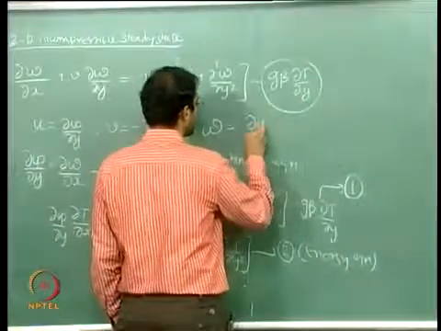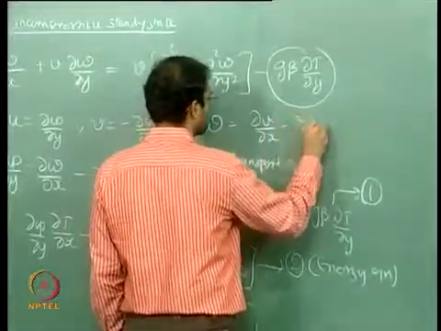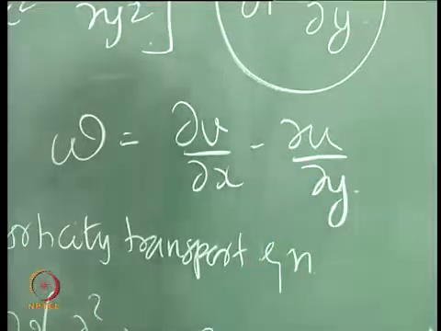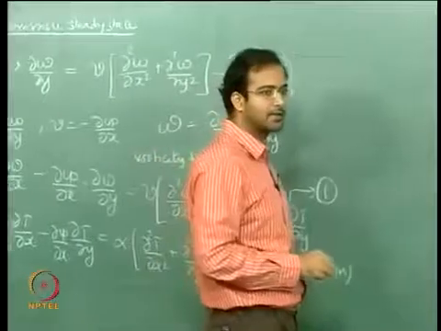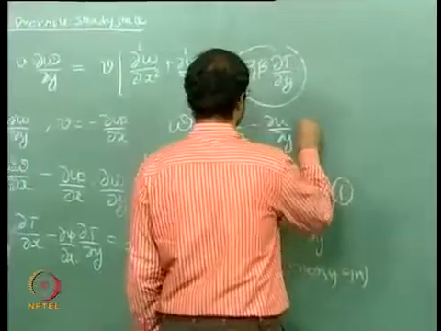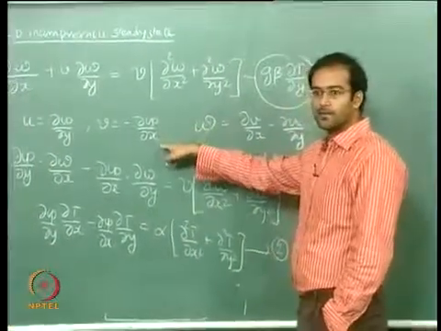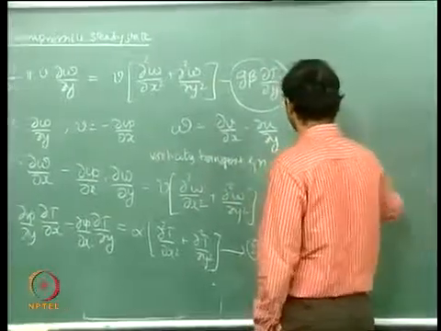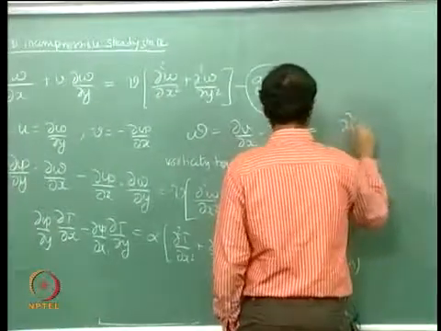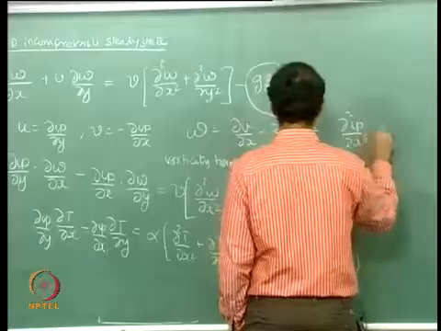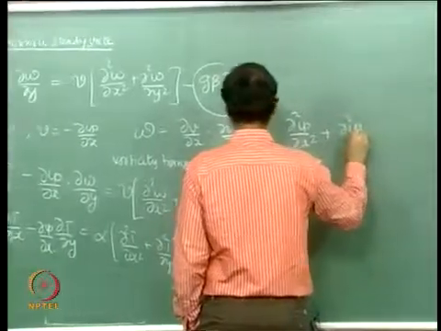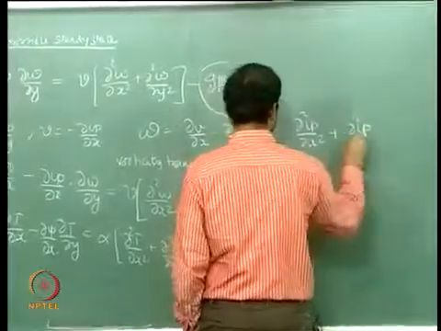So it is dv by dx minus du by dy. So there we substitute in terms of stream function for u and v here, okay. So your v is minus d psi by dx. So therefore this becomes d square psi by dx square plus d square psi by dy square, for u it will be d psi by dy.